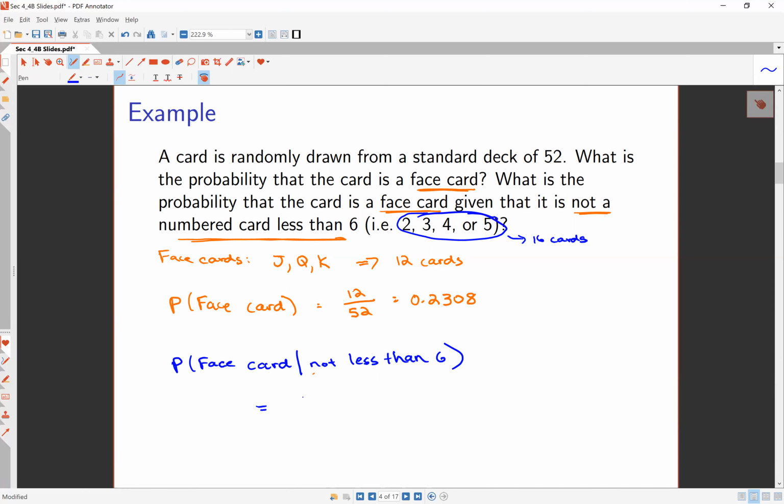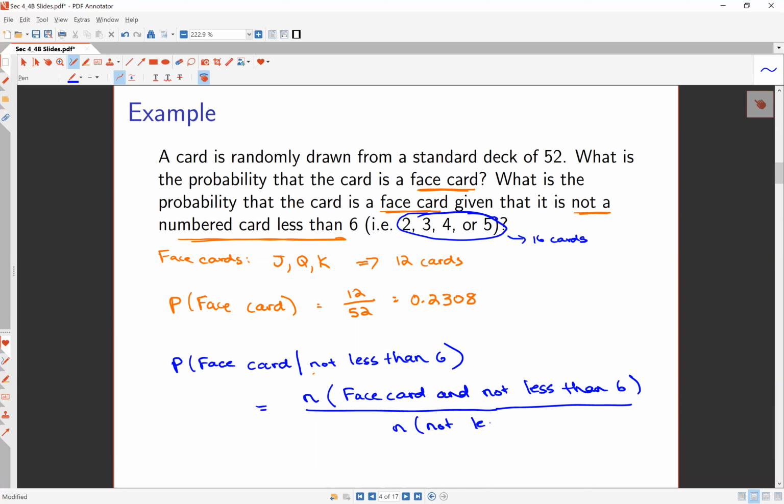Well, our formula says we can go and count the number of cards that are face cards and not less than 6. And we can divide that by the number of cards that are not less than 6. Now, how many cards are face cards and also not less than 6? Well, none of the face cards are less than 6. So there are 12 cards that are face cards and also not less than 6. But how many cards are not less than 6?